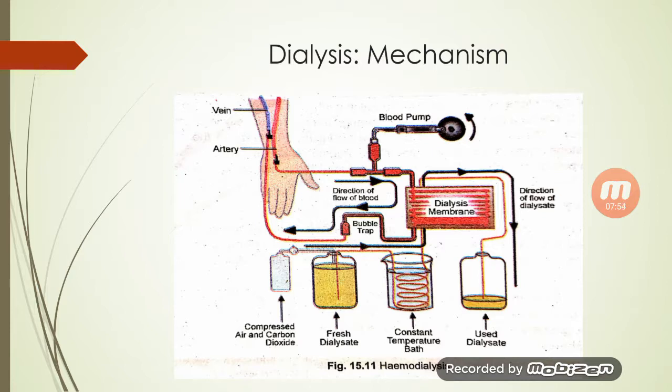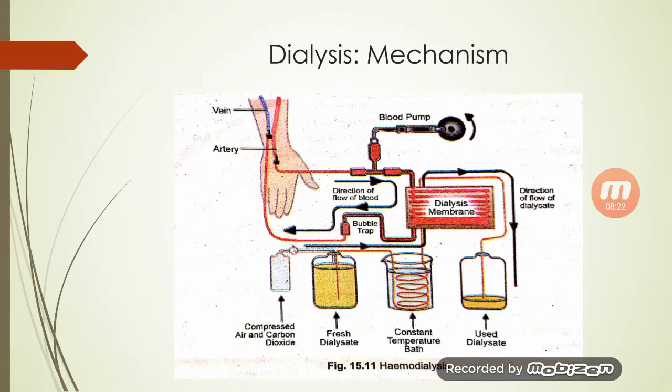If we talk about long-term dialysis, a permanent arteriovenous AV shunt is connected to an artery and a vein. That is called the dialysis machine's cannula. Then it is connected to the shunt whenever hemodialysis is desired.